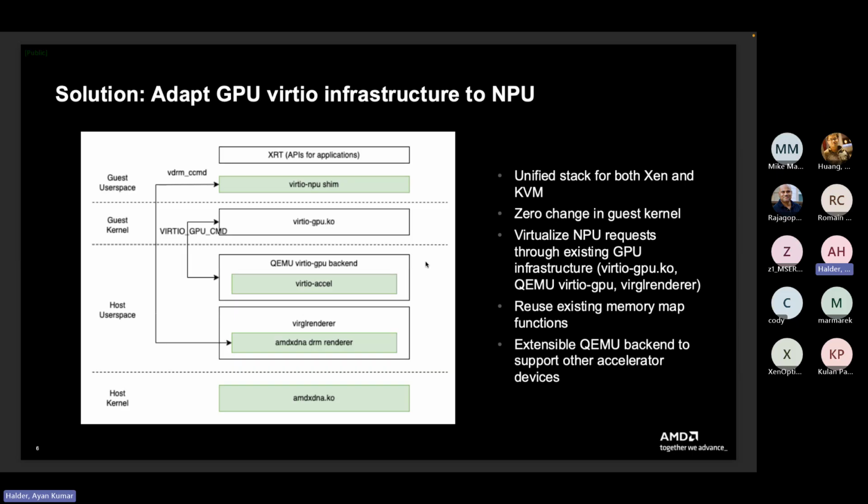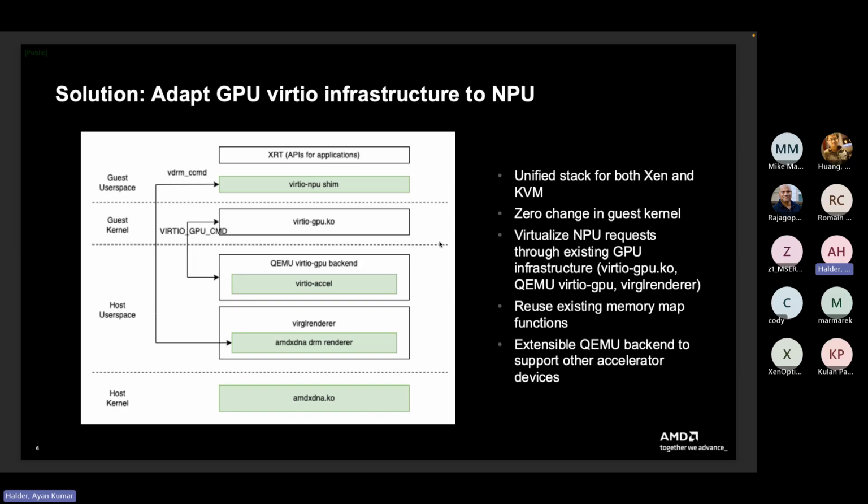From this chart, you can see the green box is what we are going to add for the NPU, and the white box has already been done by the GPU. So we leverage the GPU infrastructure. This benefits us first as a unified stack for both Xen and KVM, because it is unified for GPU, so we automatically get it.